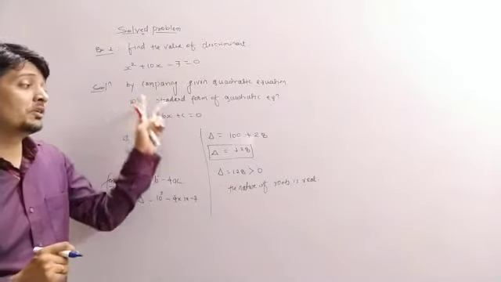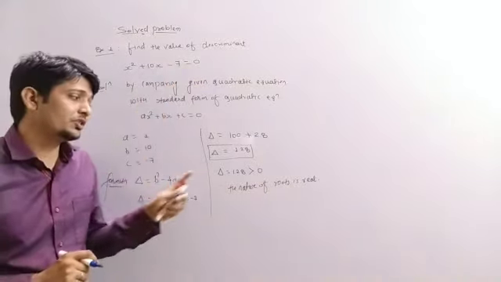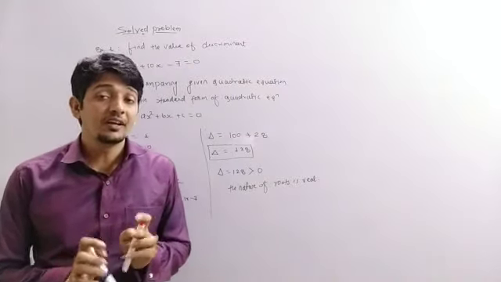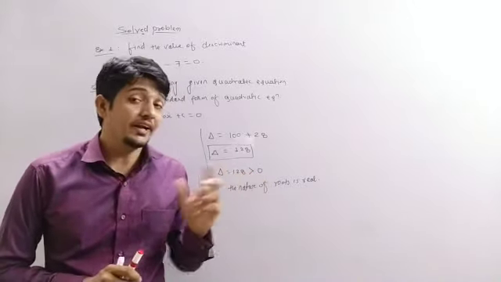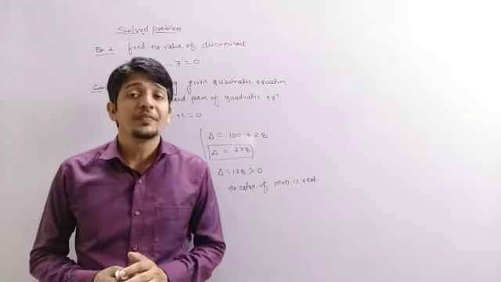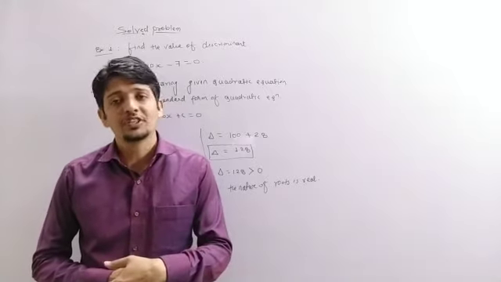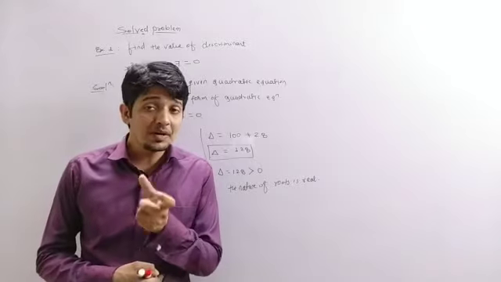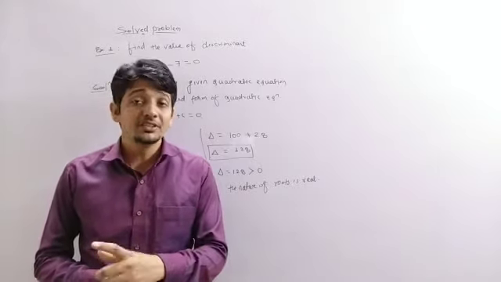So likewise you have to derive the value of discriminant, and on that basis you can decide whether the nature of root is real, not real, and equal. So if the value of discriminant is equal to 0, that means the root of quadratic equation, its nature is real as well as equal. If the value of discriminant is greater than 0, 0 से बड़ा है, that means positive है, that means the nature of root is real.